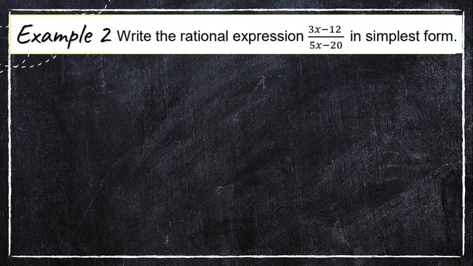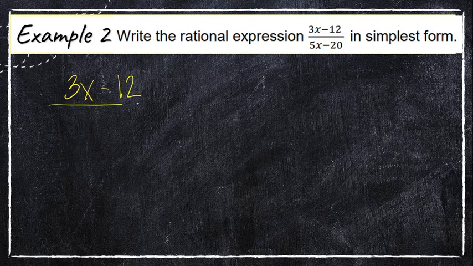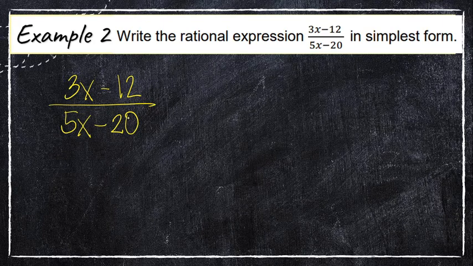Example number 2. Write the rational expression 3x minus 12 over 5x minus 20 in simplest form. 3x minus 12 and 5x minus 20 are binomials that have a greatest common factor, or GCF.